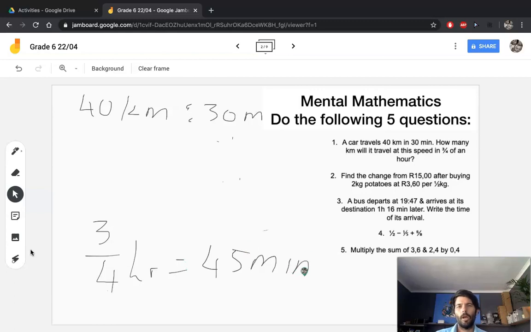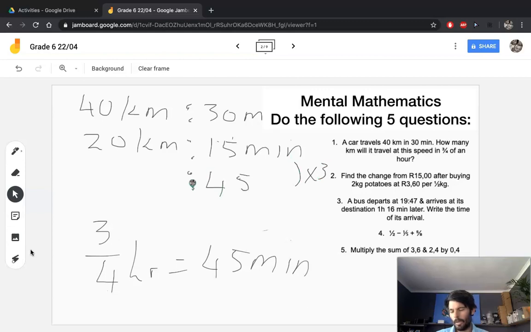I recognize that half of 30 minutes is 15 minutes, so therefore I must halve the 40 kilometers and it will travel 20 kilometers at that speed in 15 minutes. Then I need to multiply by 3 to get to 45 minutes. So I must multiply the distance by 3 and get to 60 kilometers. Okay, so 60 kilometers at that speed in 45 minutes.